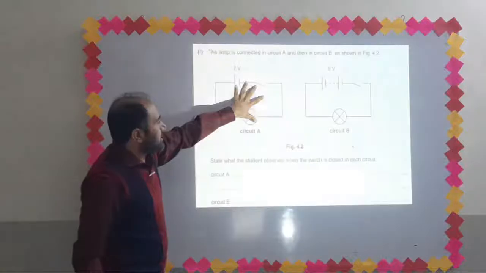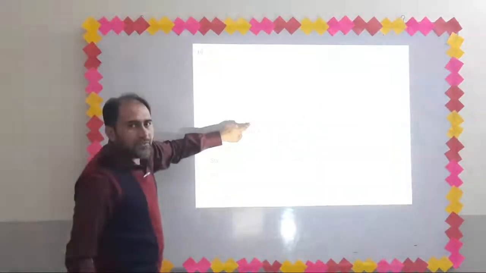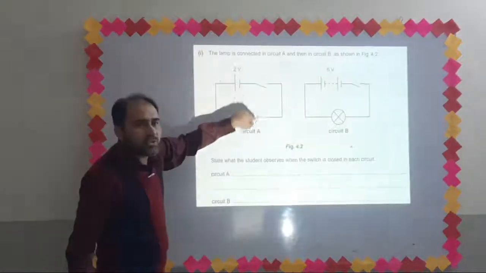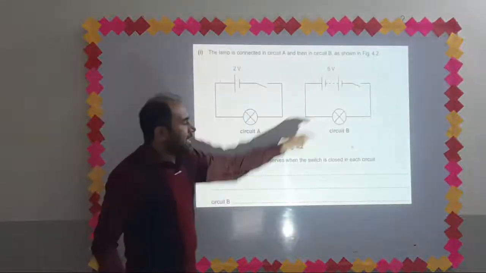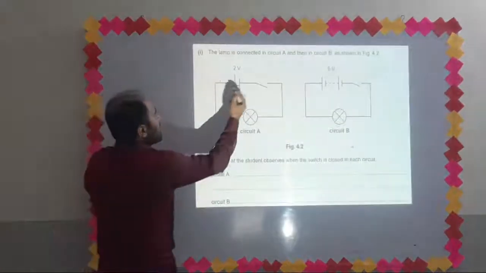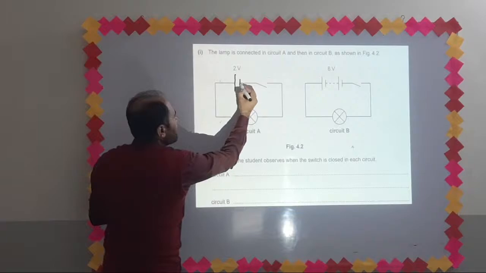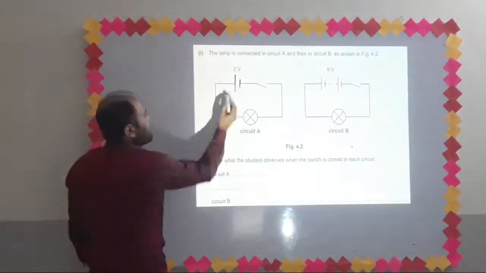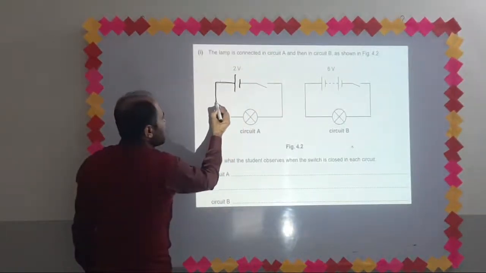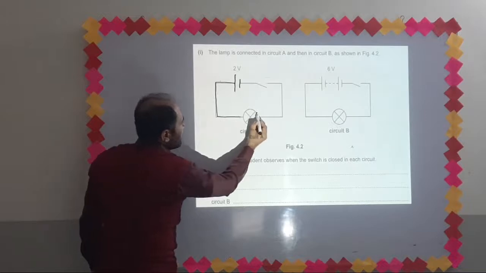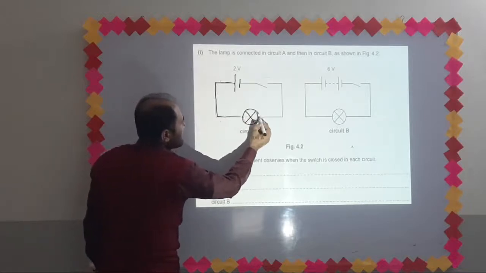So for the time being, the bulb will be off and there will be no current flowing through this circuit. This is another circuit. This is the symbol of a cell or battery. For the time being, I am taking it as a battery. This is the symbol of a bulb. You have to practice different symbols.